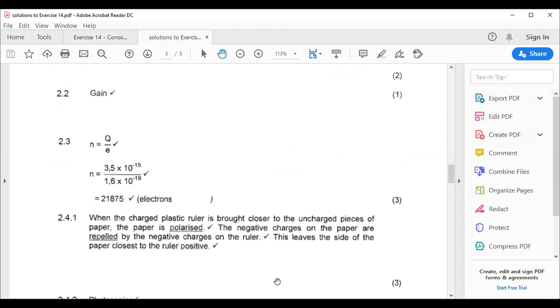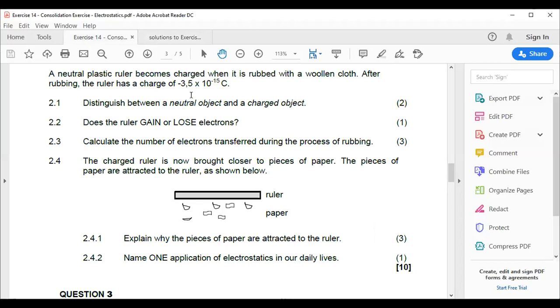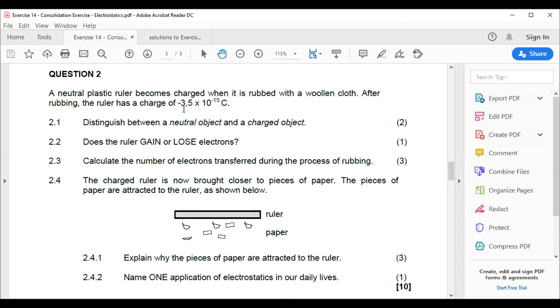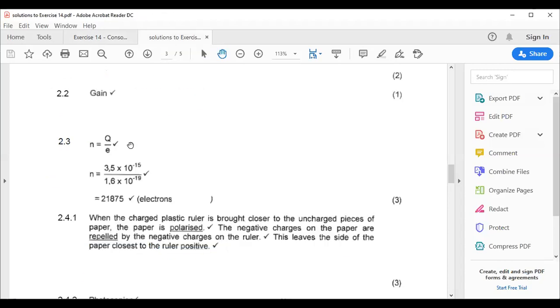All right, then you substitute. But if you check our answer, the charge on the plastic ruler was negative, right? But in the substitution here, we no longer have a negative. So it means the negative was ignored here. But you can still put your negative and put the charge on an electron again, which is a negative.